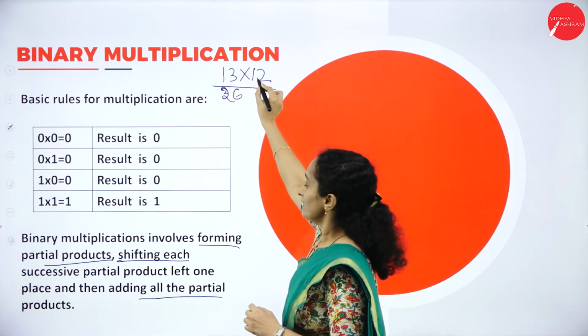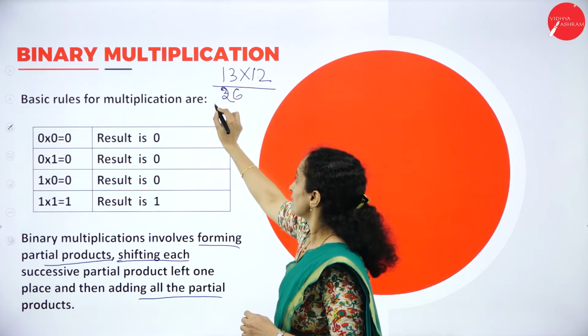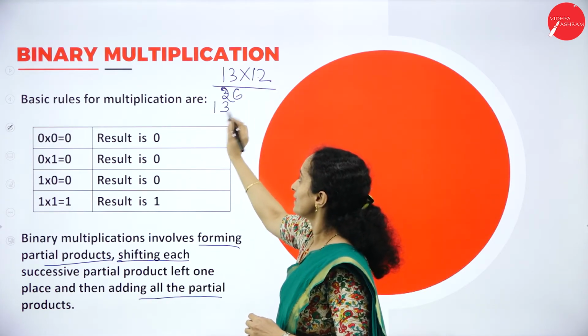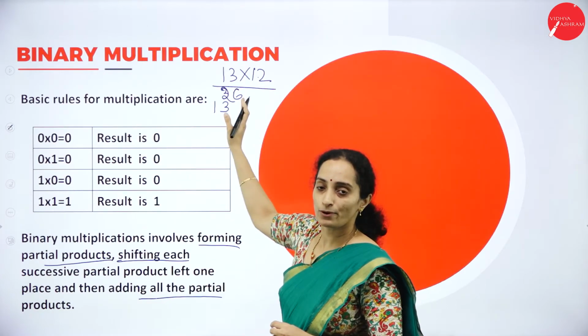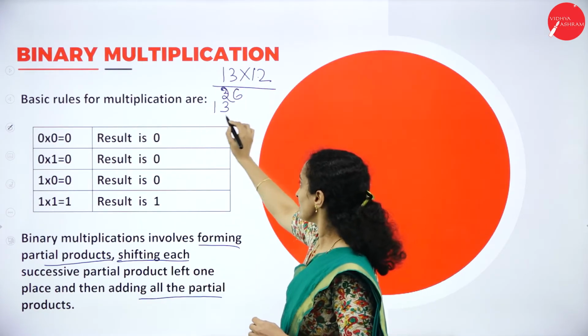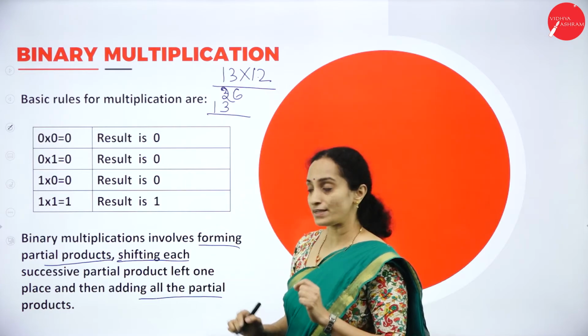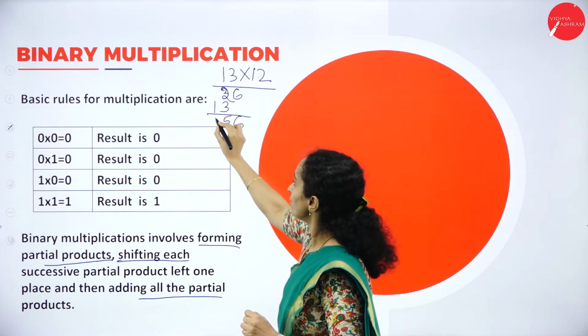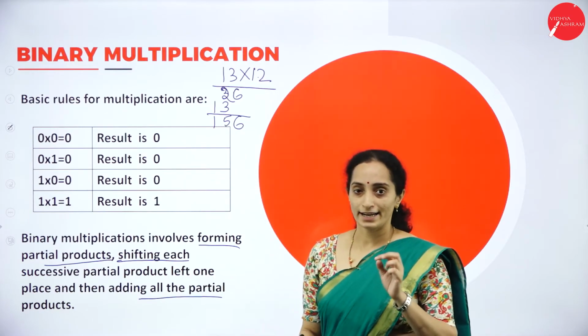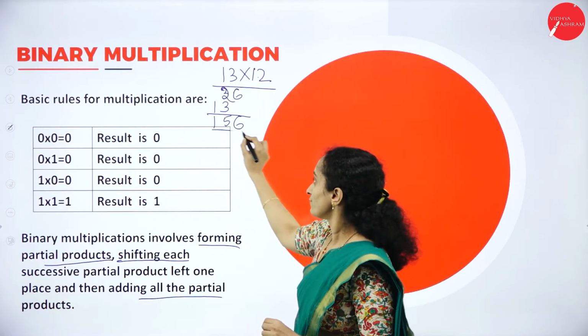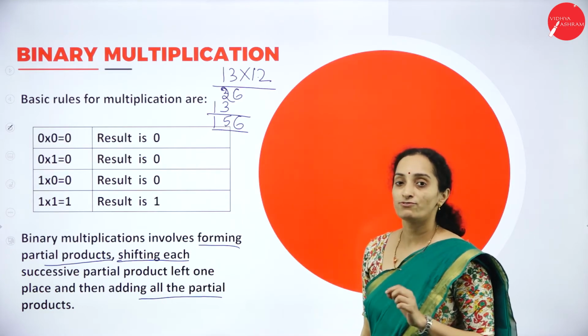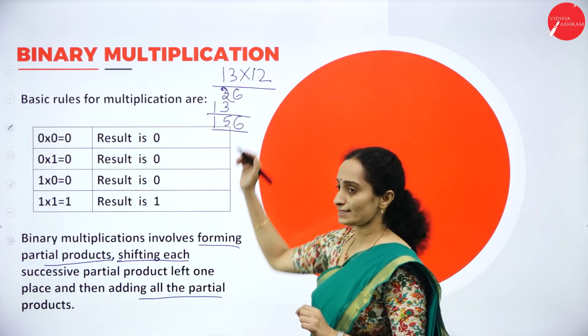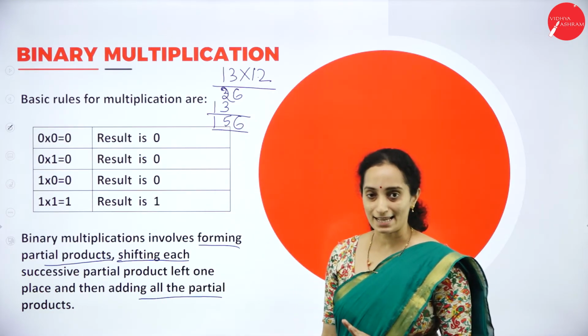Now 13 multiplied with 1 is 13. We have shifted this partial product to the next position. Now we shall get the final product by adding 6, 5, 1. So the product of 13 and 12 will be 156.